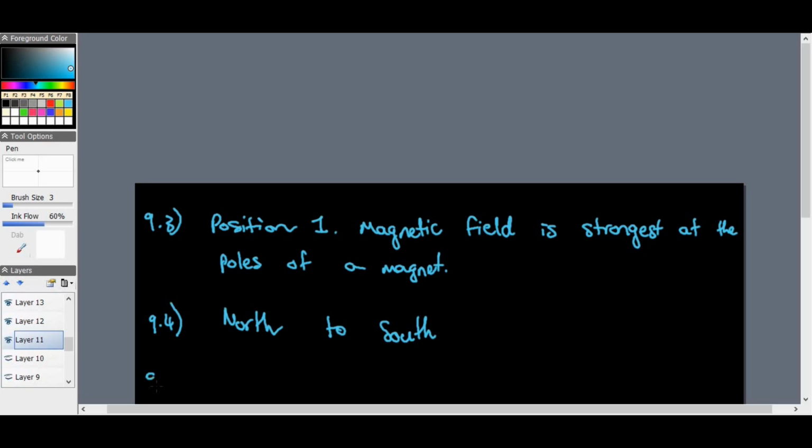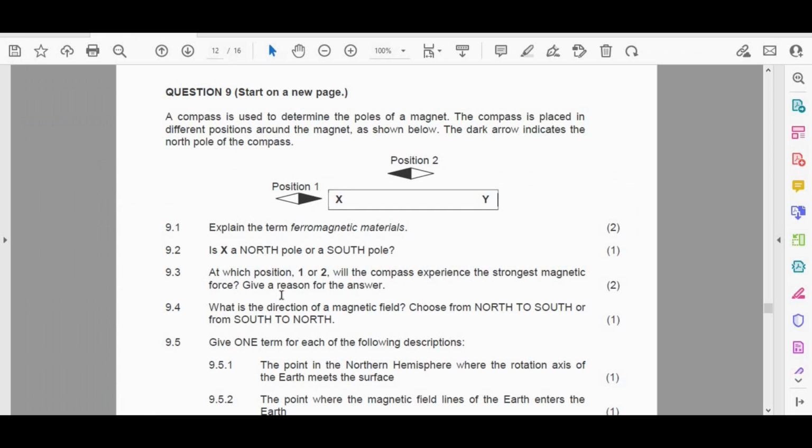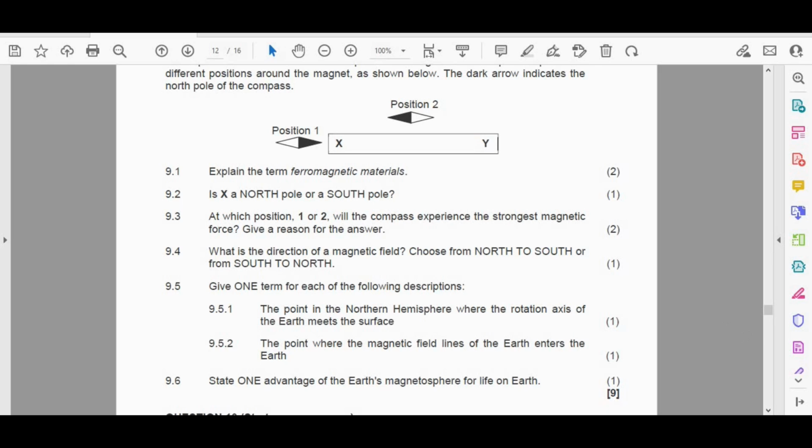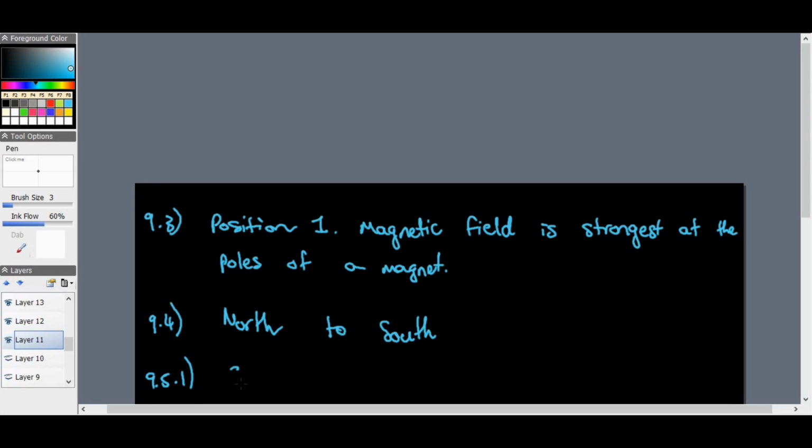Okay, 9.5.1. We're almost done with this question. Give one term for each of the following descriptions. The point on the northern hemisphere where the rotation axis of the Earth meets the surface. There's a term for that called the geographic North Pole.